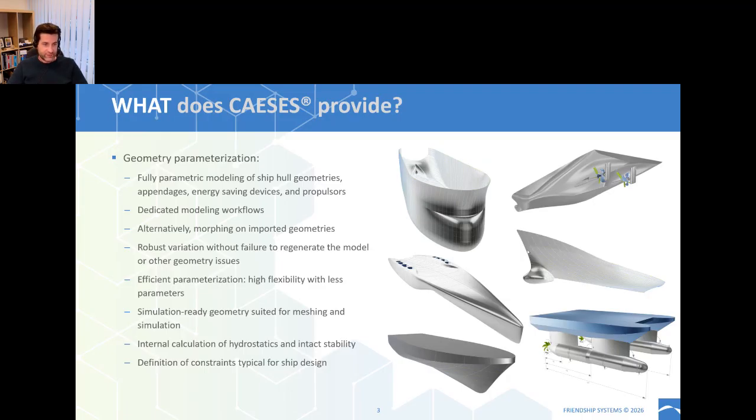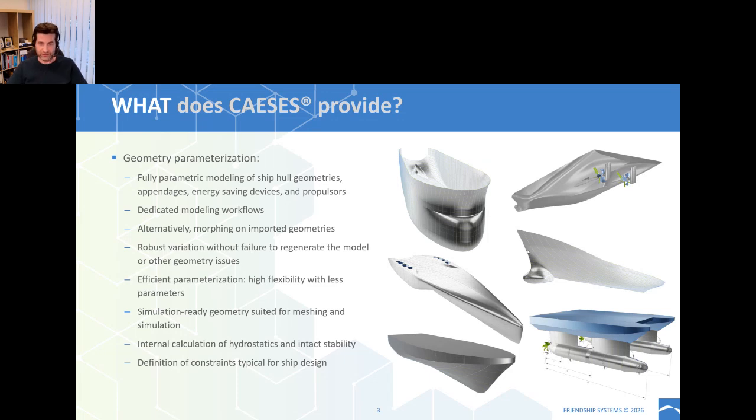It offers dedicated modeling workflows for some of these examples listed here that basically guide the user through the process of creating such a parametric model by also offering a wide range of components that can be pieced together.